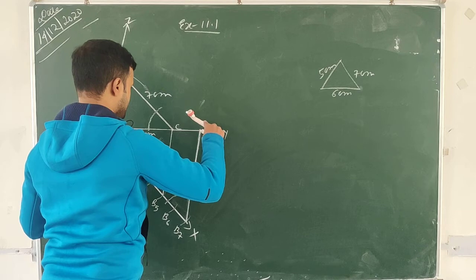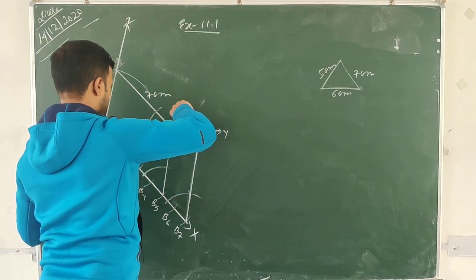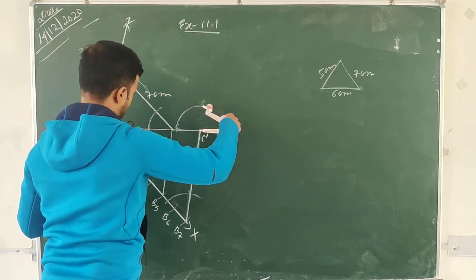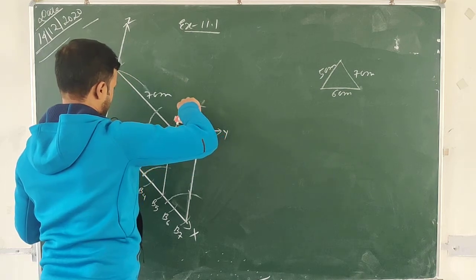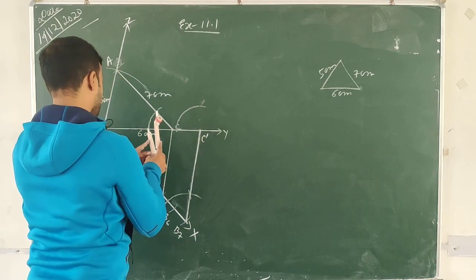From the point C dash, with the same radius we will draw an arc. We take this measurement.